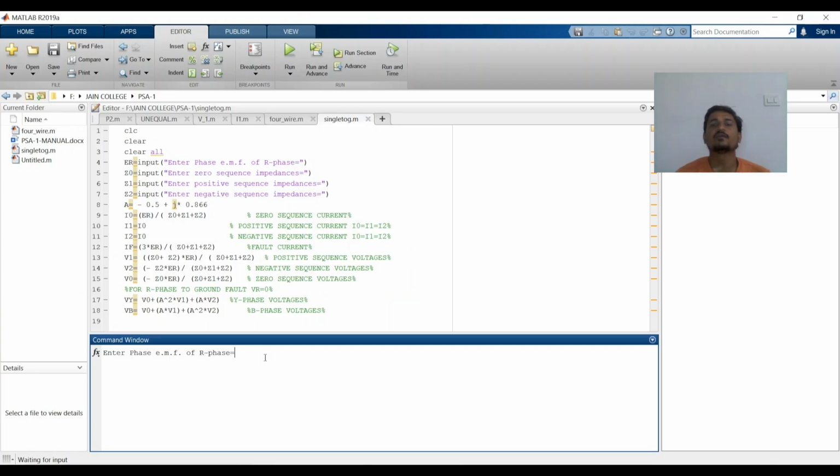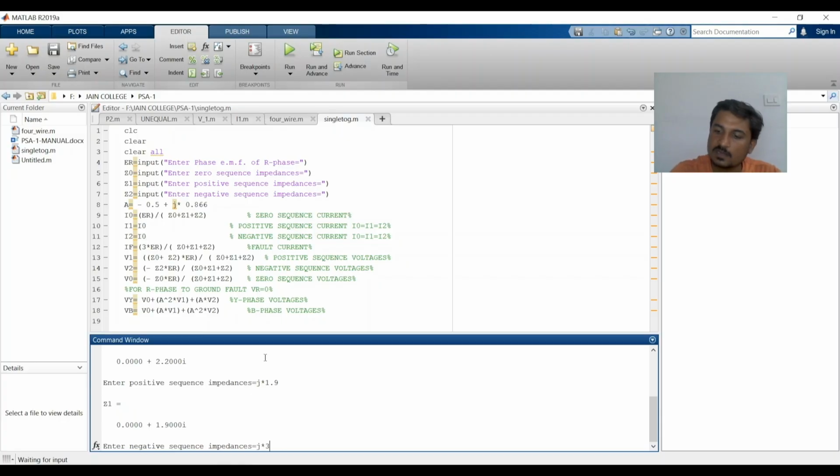Let us assume we have an 11 kV line, and the phase value will be 11 kV divided by root 3, that would be something near 6350 volts. Enter the zero sequence impedance. Let us assume the zero sequence impedance as J 2.2, the positive sequence impedance as J 1.9, and the negative sequence impedance as J 3.4.